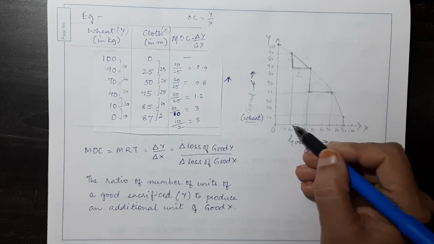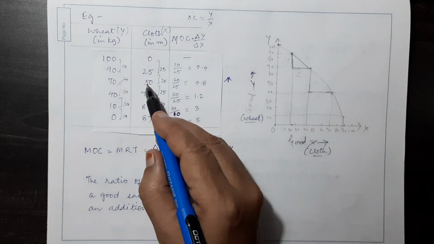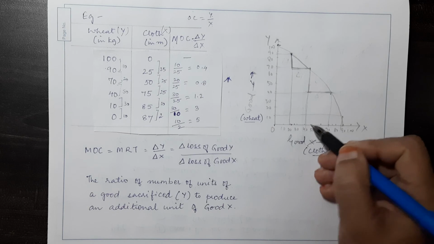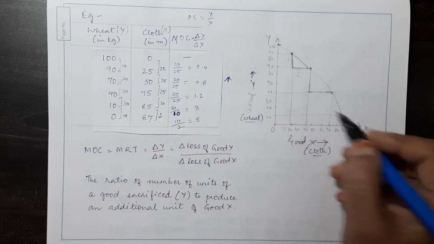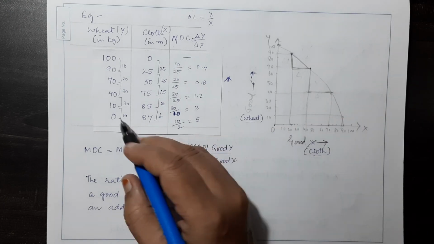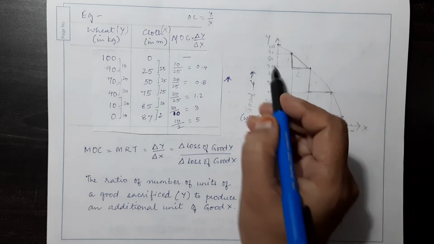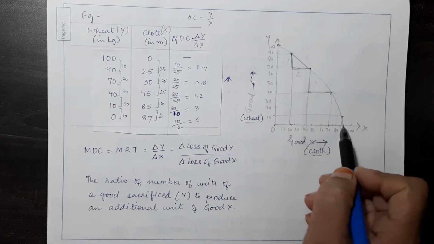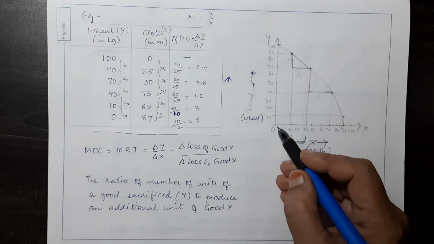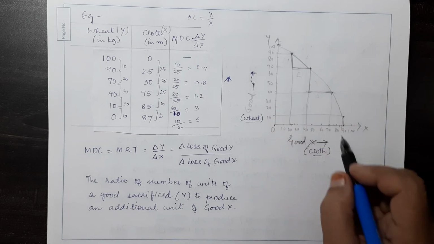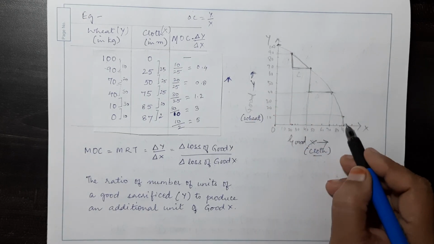So 25 is somewhere here, 25 and 90. Similarly, we have 50 and 70. And then we have 75 and 40. And then we have 85 and 10, somewhere over here. When we join these points, you get this kind of a PPC, which is concave to the origin, and also it is downward sloping because you start the graph from here. The last point is here.